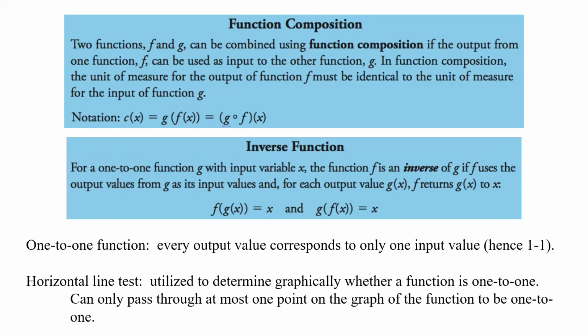Because we're doing things we've already looked at in Math 1400, we also have something called an inverse function. If we have a one-to-one function, which we'll talk about in a little bit, g with input variable x, the function f is an inverse of g if f uses the output value from g as its input value, kind of what we're saying up here. And for each output value g of x, f returns g of x to x.